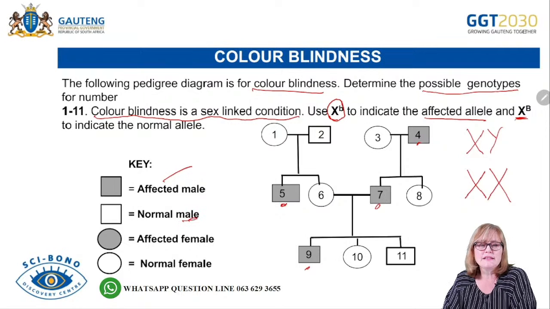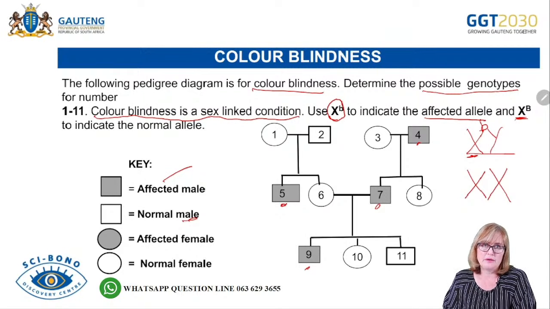Remember, what is sex-linked? I'll just refer back to it. The gene is carried on the X chromosome only. It's not carried on the Y chromosome. So when you have a situation where the X chromosome has the affected allele, like a small b, then the Y chromosome does not have another allele to mask it. So that male will definitely have color blindness.